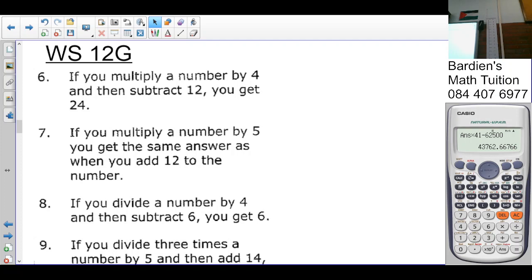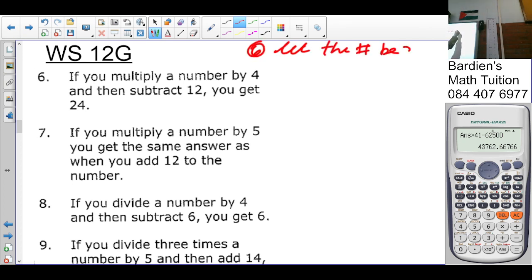Number 6. If you multiply a number by 4 and then subtract 12, you get 24. So where do we start? You let the number be x. If you multiply a number by 4, so 4 times x is going to be 4x. Then subtract 12, so it's minus 12.